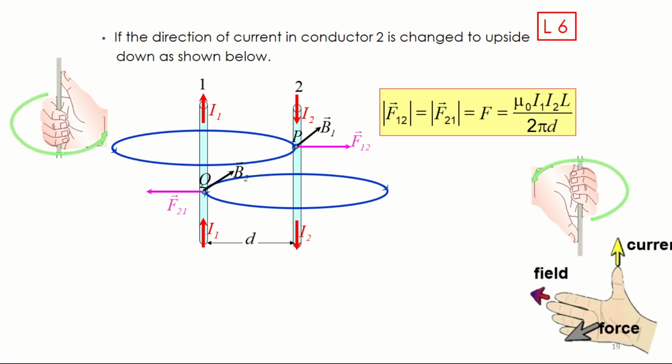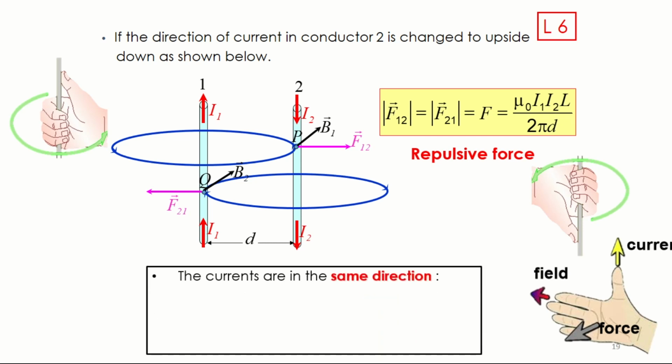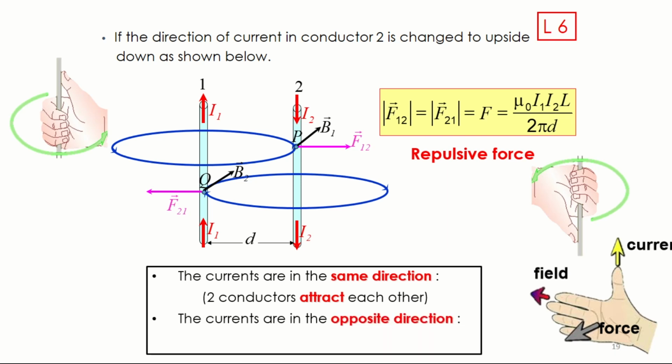So we call it repulsive force. So conclusion here: if the currents are in the same direction, two conductors attract each other, but if the currents are in opposite directions, two conductors repel each other.